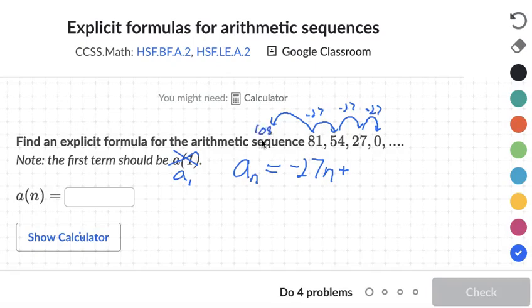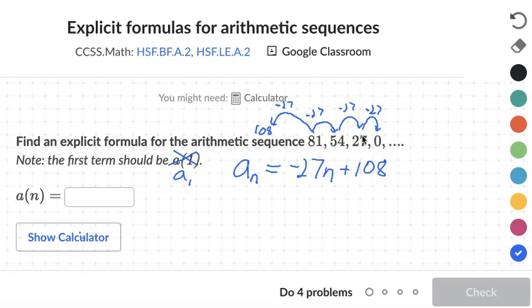Now, this is not a number in the sequence. We're just trying to figure out what adjustment to do here. So we have 108 minus 27 equals 81. So we have a sub n equals negative 27 times n plus 108. Now let's check it.